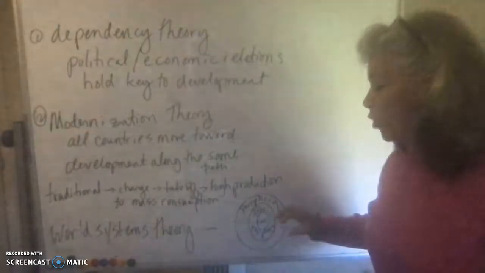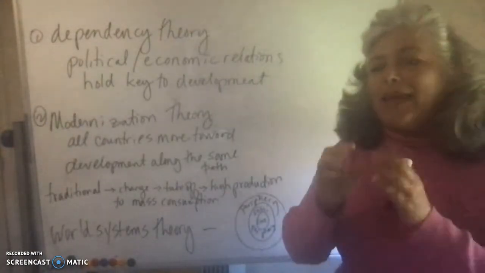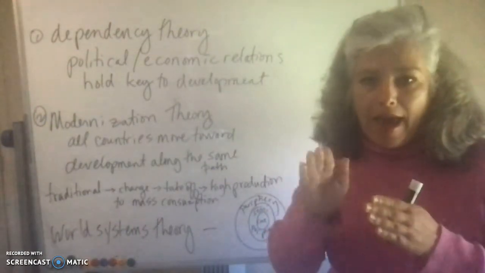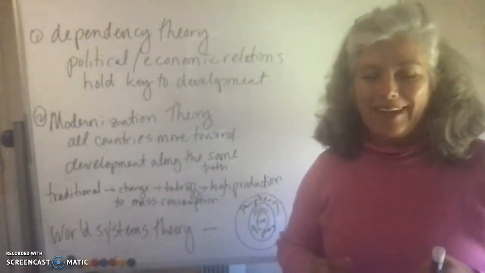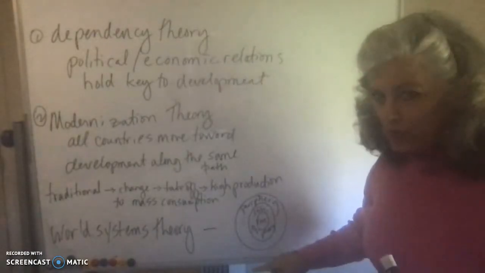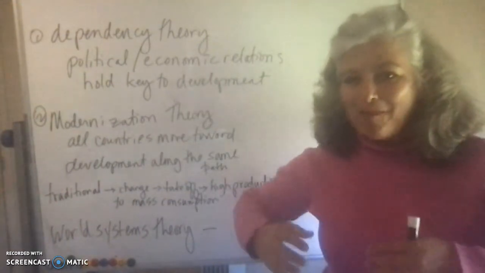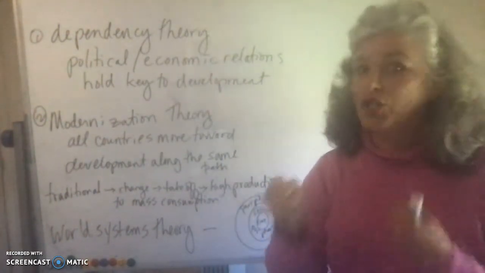There's a collection of core nations that Wallerstein talks about being at the center of the drive toward international economic independence. And the core nations use the semi-periphery nations to bolster their position as economic movers and shakers.